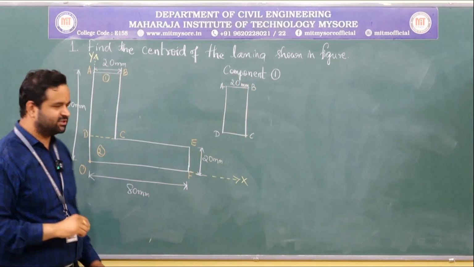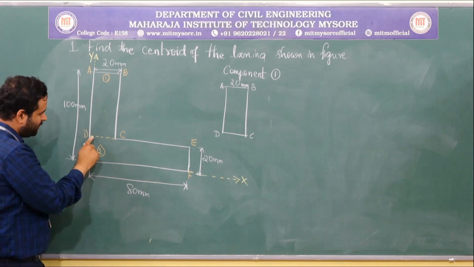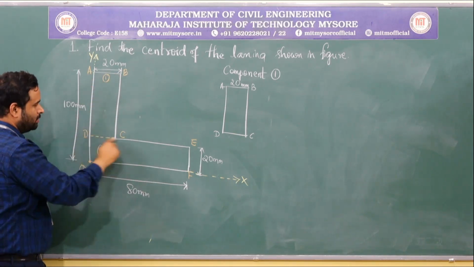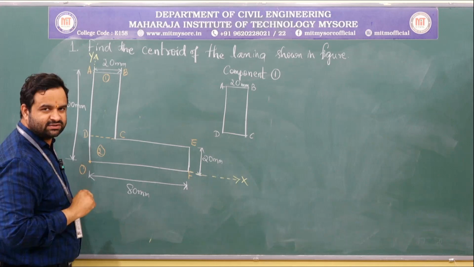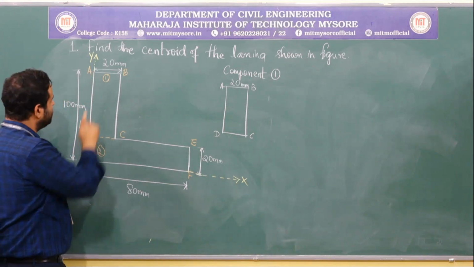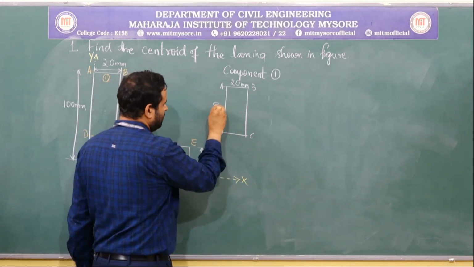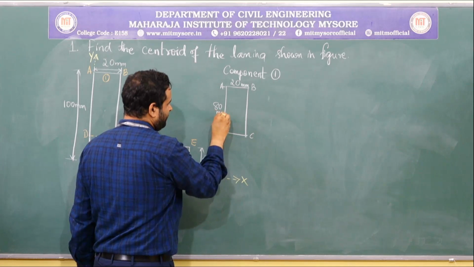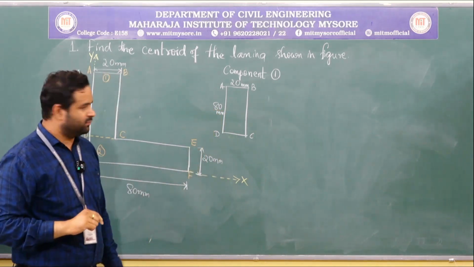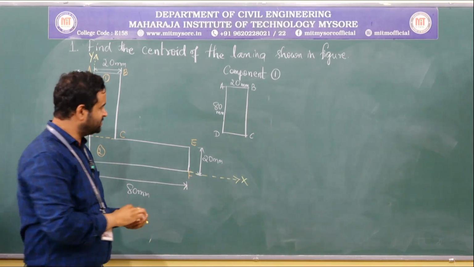What about its Y dimension? As you can see, from top to bottom it is 100 mm, but we have divided this into different components, and hence 100 mm is from point A to point O. I need to measure from point A to point D, that is 80 mm. Now, where does the center of this rectangle lie? That is exactly at center.